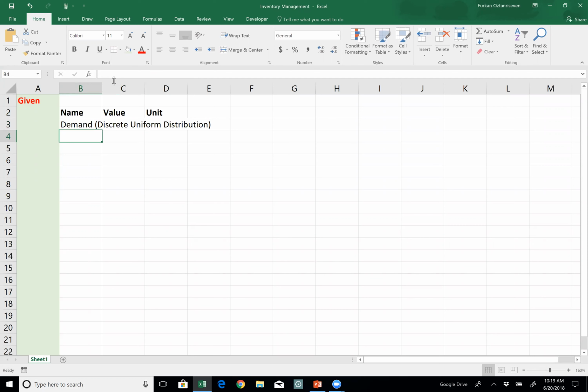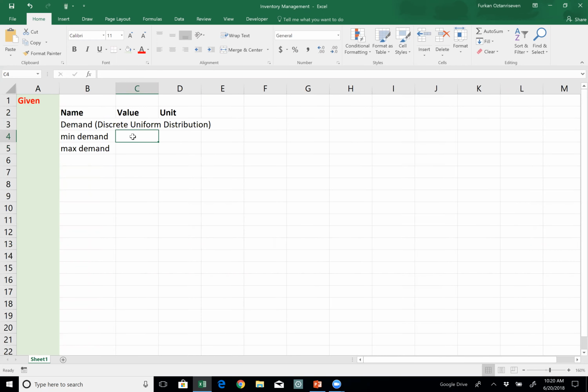One of them is minimum demand, and the other one is maximum demand. Basically, you look at the historical data and you identify minimum and maximum demand. So minimum demand is 10 purses per day. And maximum demand, we assume that is going to be 30 purses per day.